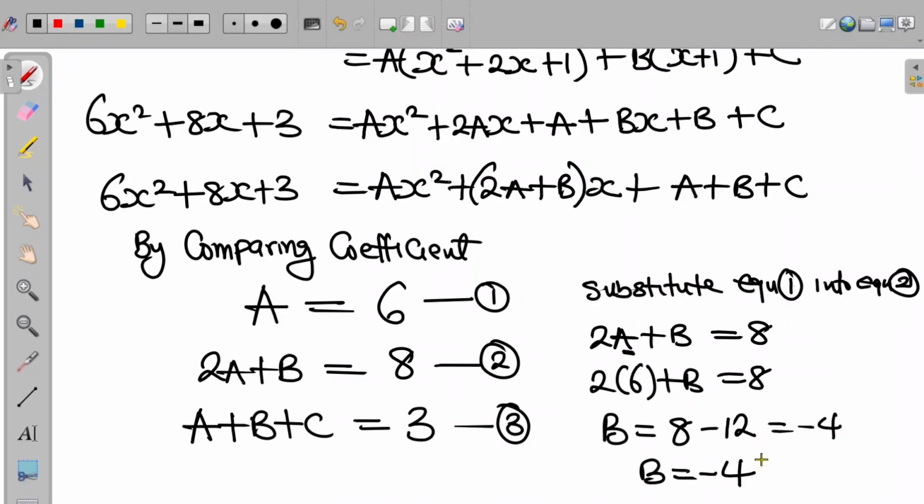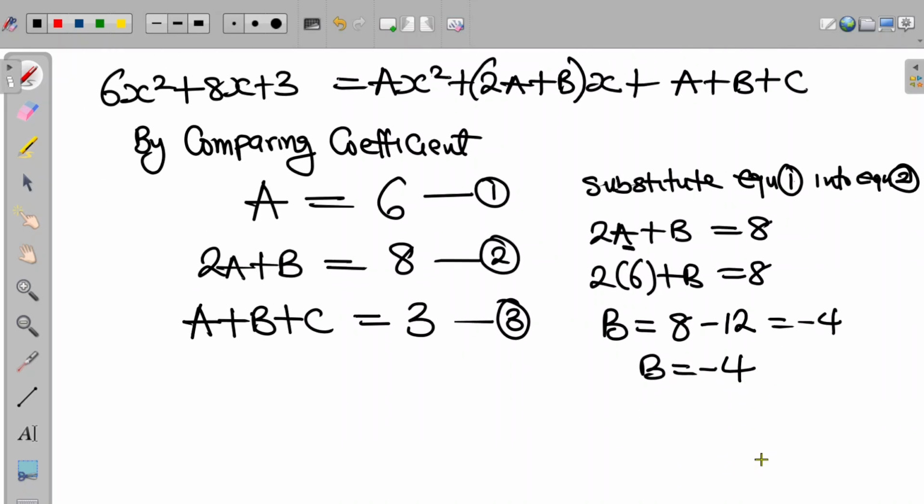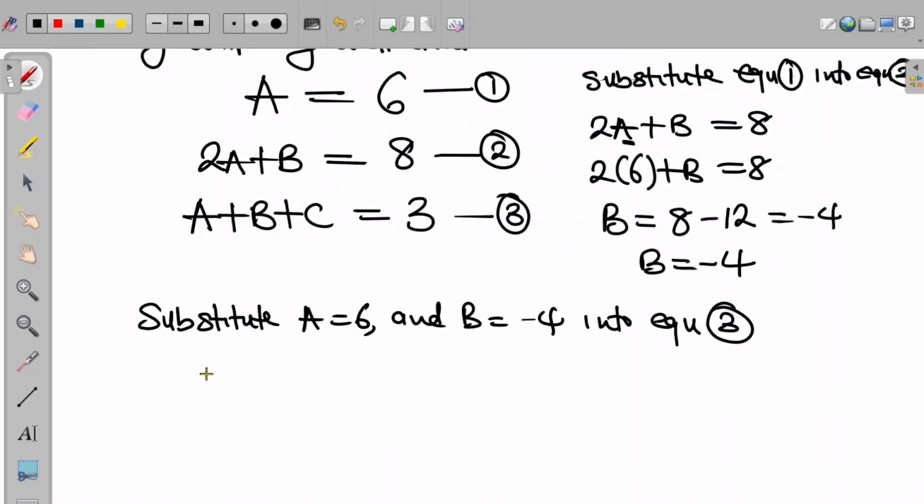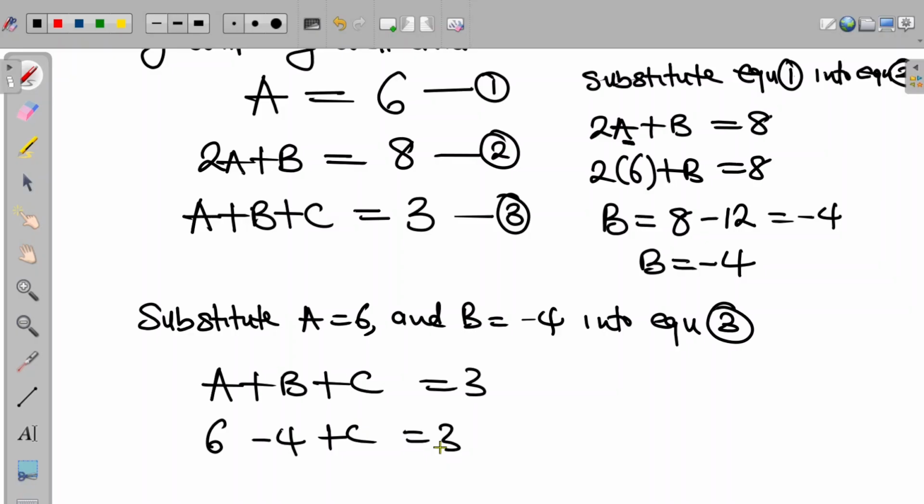Now, we have obtained the values of a and b. So let us substitute those values into equation 3 to obtain the value of c. So equation 3 is a plus b plus c equal to 3. So a is 6, b is negative 4, plus c equal to 3.